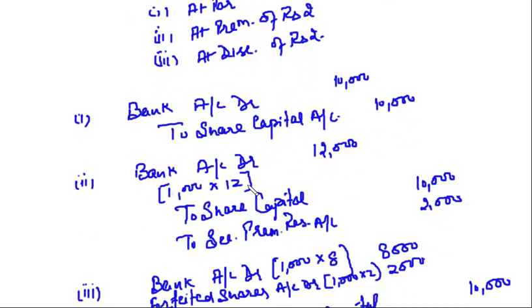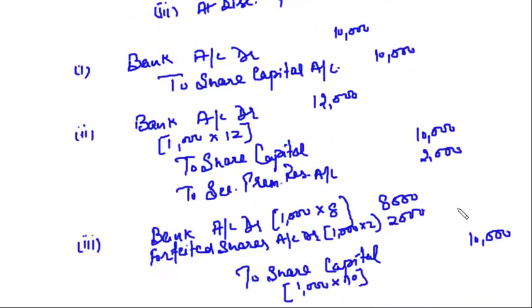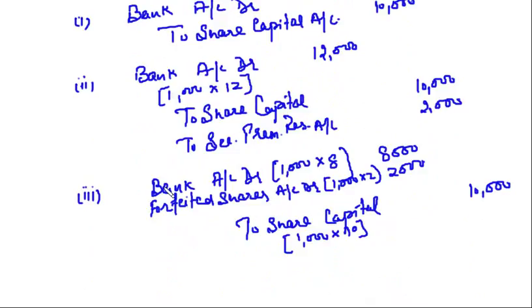If it is at a premium, then securities premium reserve account will be credited. If it is a case of discount, then the amount of discount will be met through the forfeited shares account. Share capital will increase by 10 rupees only because for the subscribers the value of the share is rupees 10. So the loss, the discount, you will meet through the forfeited shares account. Clear?